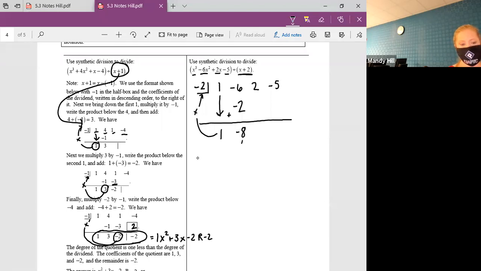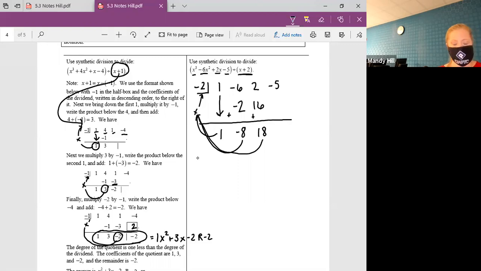Then you take your negative 8 and do the exact same thing. You multiply negative 8 times negative 2, you get 16. Then you add these two numbers. 2 and 16 is 18. Then you take your 18 and you multiply it by negative 2.